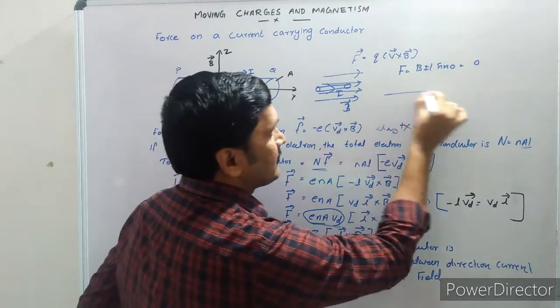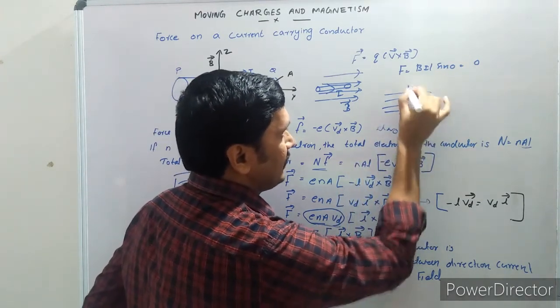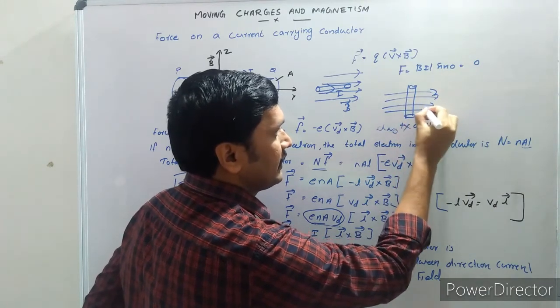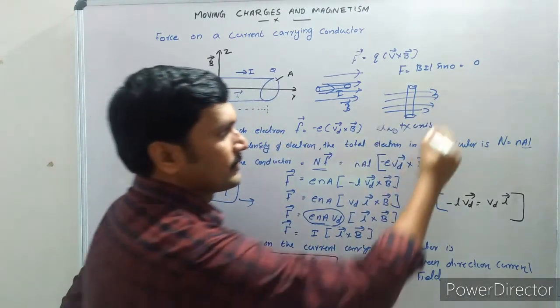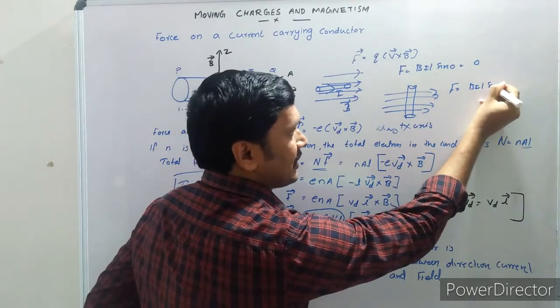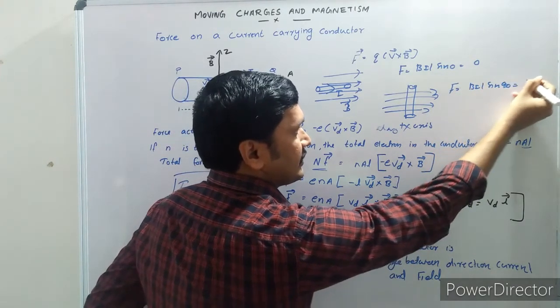Now, if the conductor is placed perpendicular to the magnetic field, like this, what is the force acting? Force is equal to B I L sine 90. Sine 90 is equal to 1.